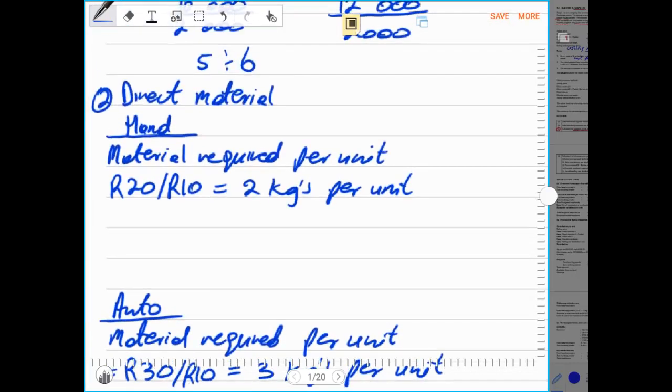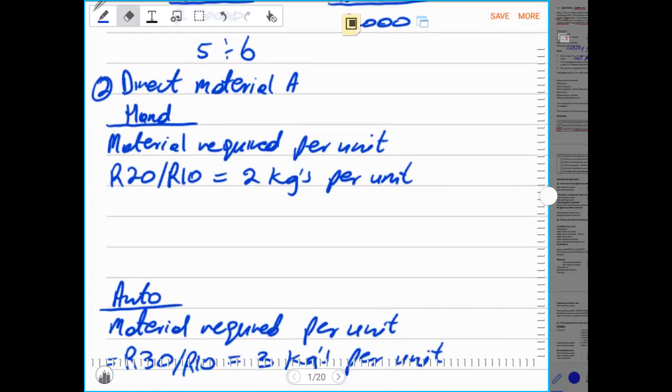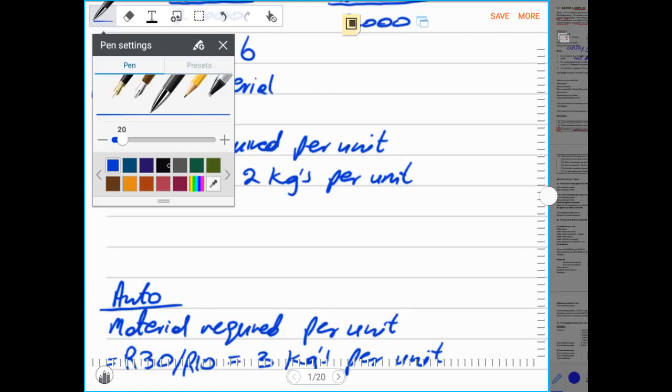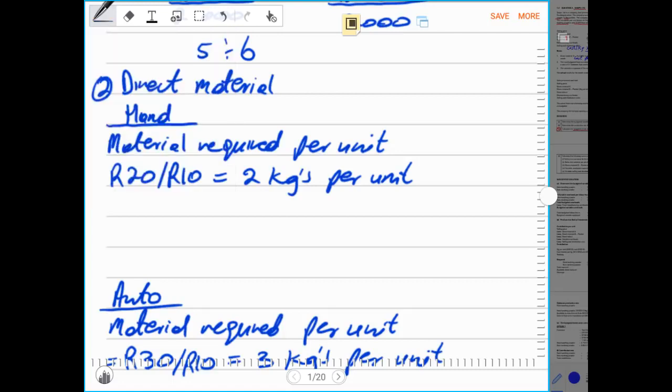So this was material A. Let me just write here as material A. I just don't want to write it somewhere else. Okay, let me write it separately, which is materials.